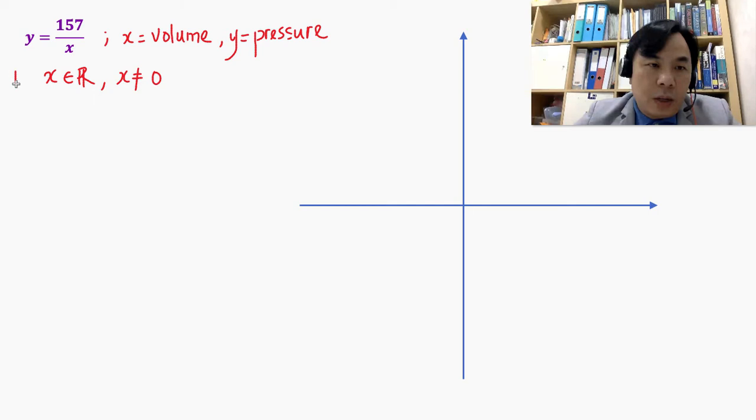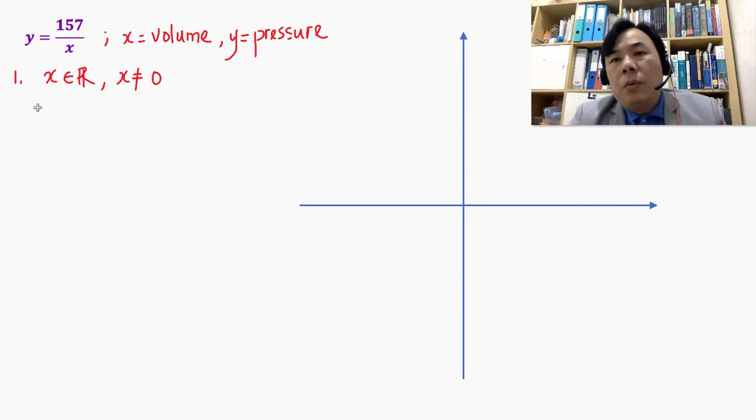That's the first guideline. Now, typically when we mention real numbers here, we are actually looking at volume can be negative. You can have negative volume. Can you imagine that? For me, I can't imagine negative volume.